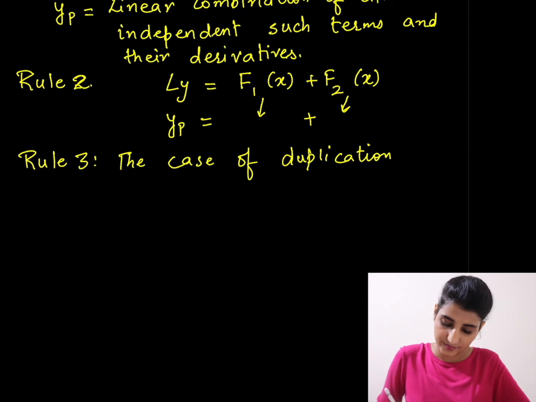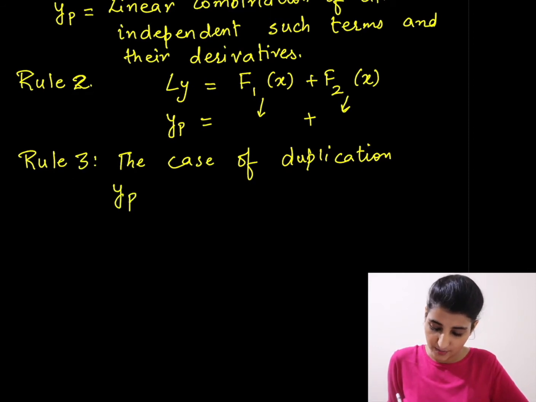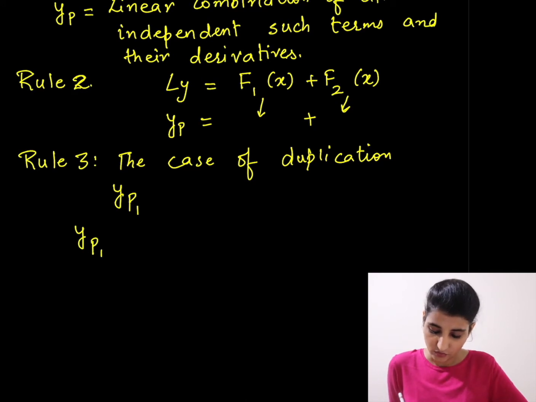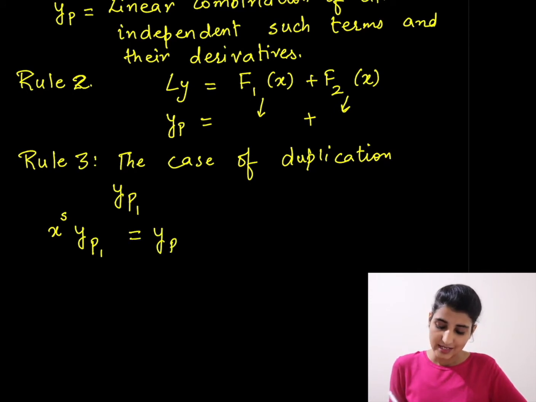Suppose we guessed yp1 and we saw that there is a duplication with yc. So we will multiply yp1 with x power s and call that yp, and we choose s to be the smallest number so that yp and yc don't have any common term.